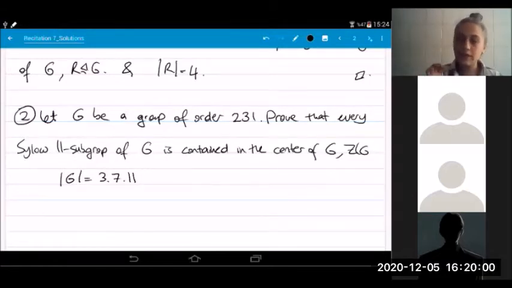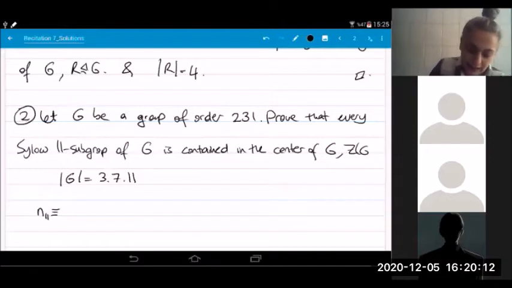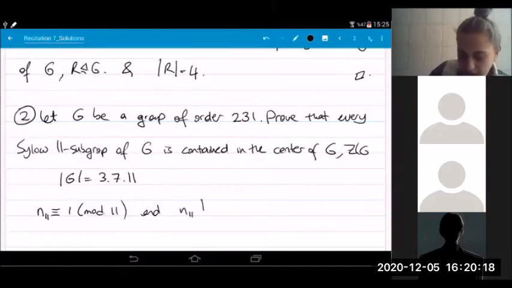So let us consider the Sylow 11 subgroup and see whether it is normal or not. We know that N11 has to be 1 modulo 11, and N11 has to divide the remaining part here, which is 21.